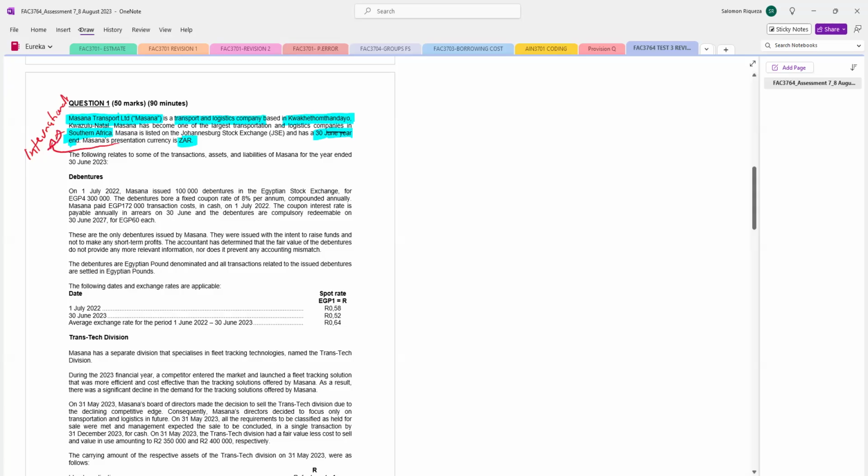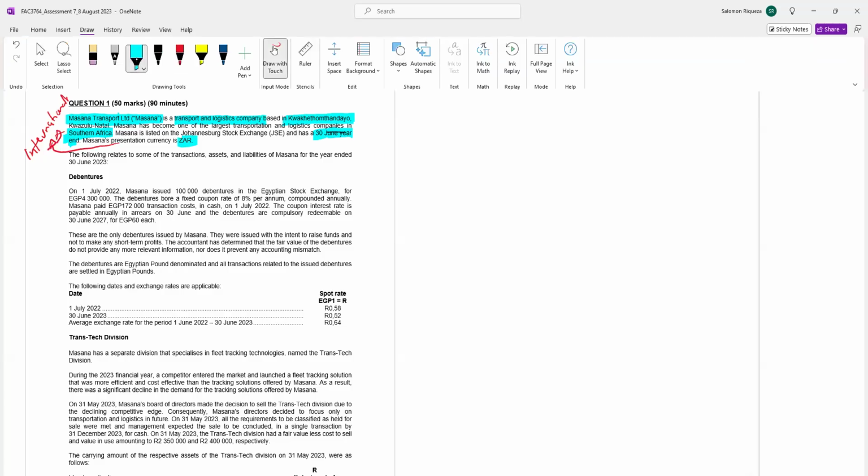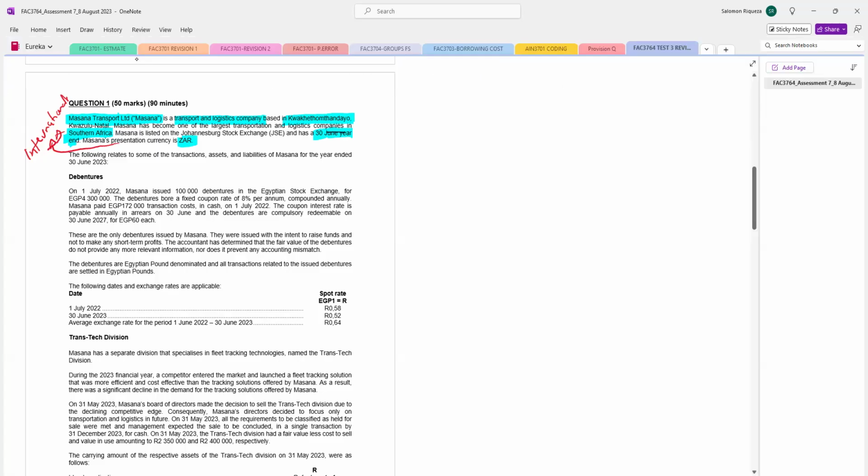Continuing, the following relates to some of the transactions, assets, and liabilities of Masana for the year ended 30 June 2023. Debentures, this is where we're starting.